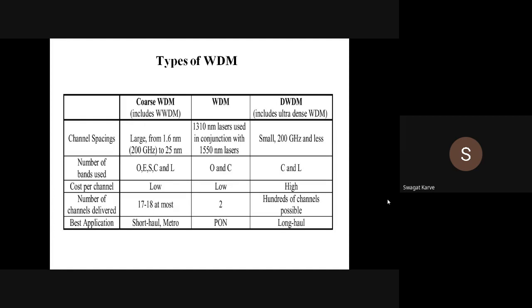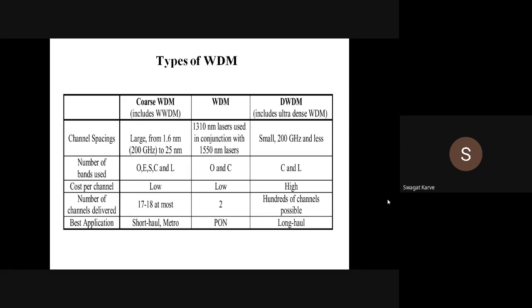That means it is less than 1.6 nanometer, up to just a few nanometers only. The number of bands you can use: O, E, S, C and L band you can use with CWDM. O and C band are associated with WDM, and C and L band are associated with DWDM.